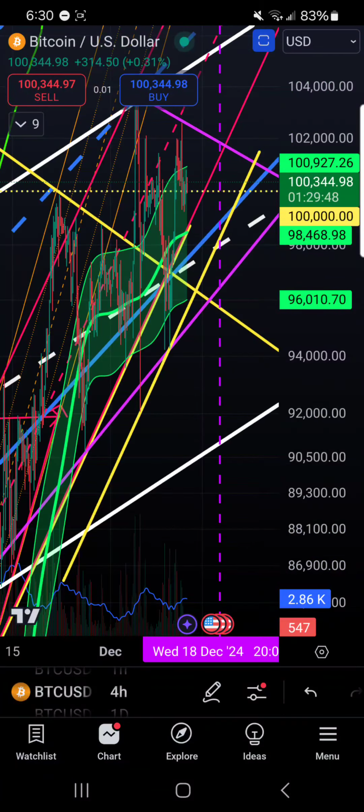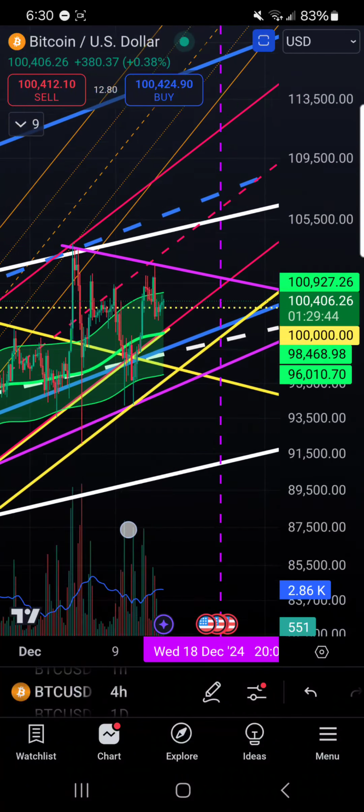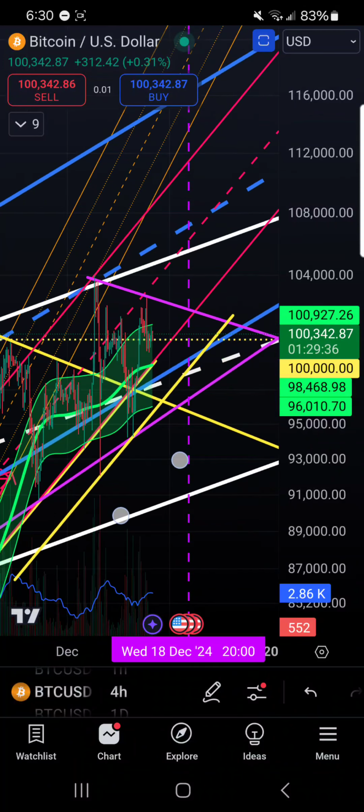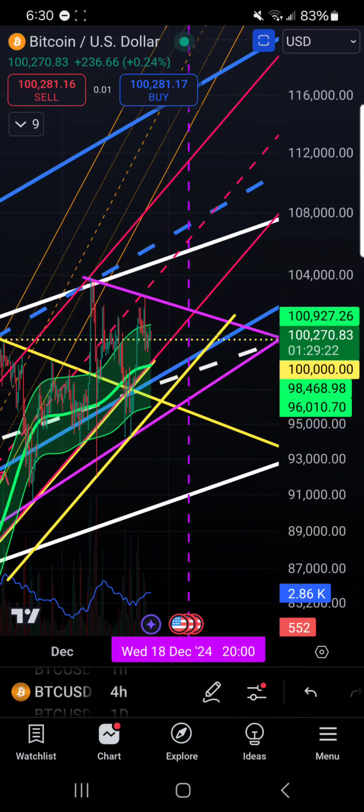But you saw there was another one that stayed green, and we pumped through it without it turning red. So we're kind of in a similar situation here, as far as the slope of the channel, anyway. And it's about to turn down, kind of. So I mean this formation just is really.